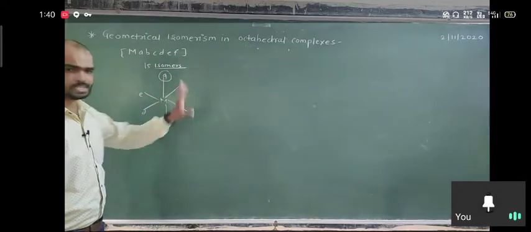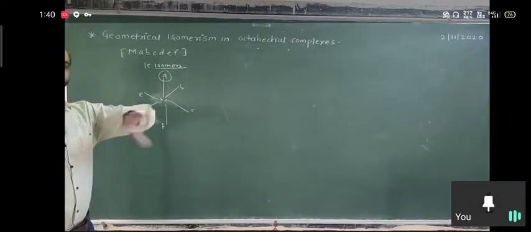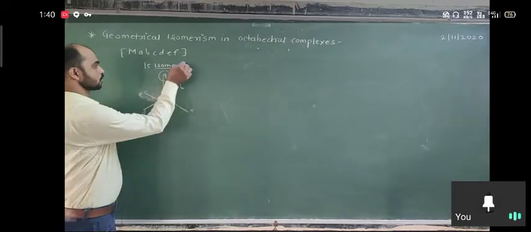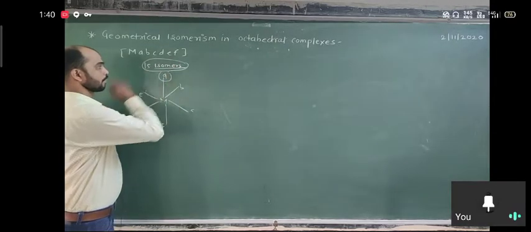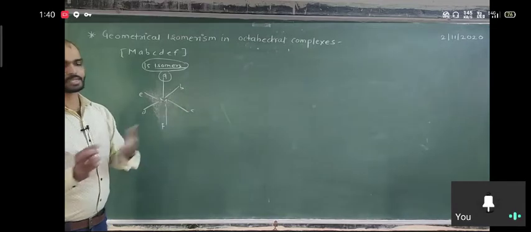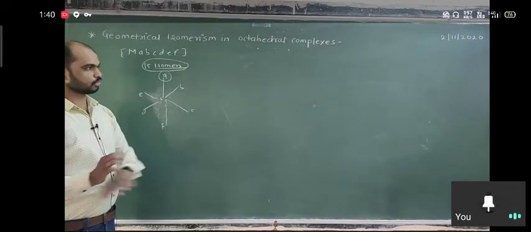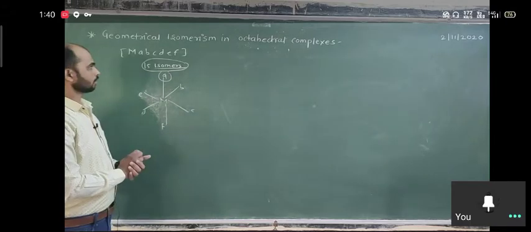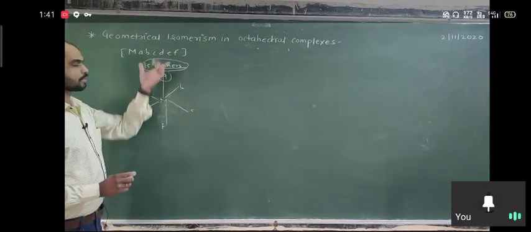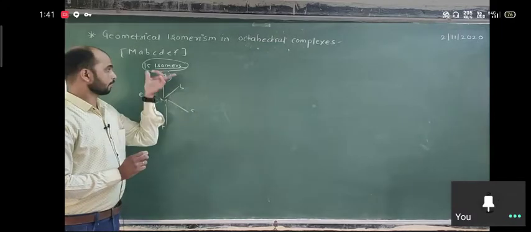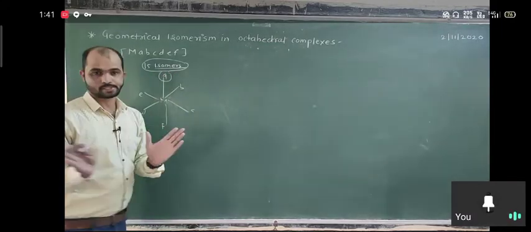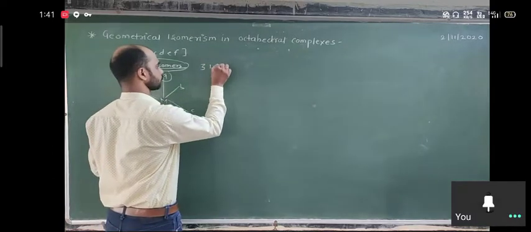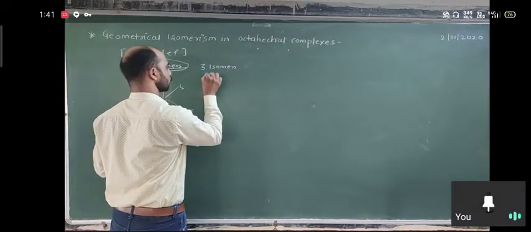The possibilities are more than 15, but some are repeated, equivalent, or identical. That's why 15 isomers are possible here. It is impossible to draw them all here, and they won't ask you to draw them in the exam. But just for your information, this type of complex forms 15 possible isomers. Okay, out of 15, only 3 isomers are isolated.